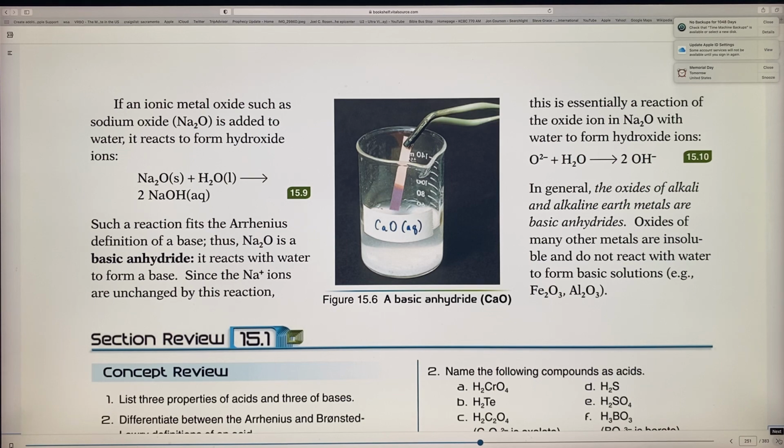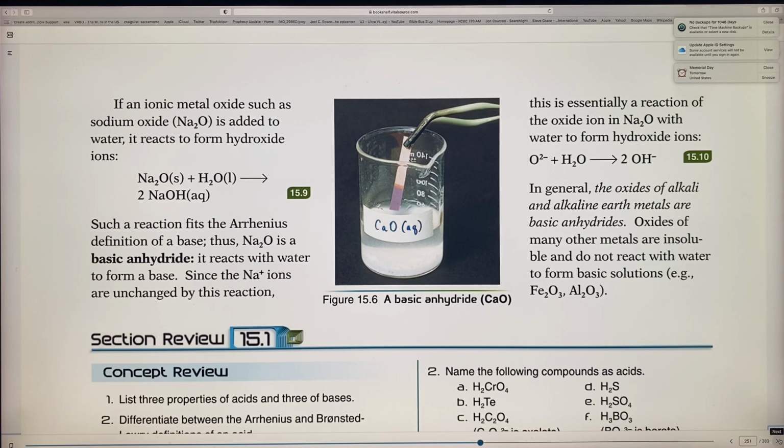This whole section has to do with recognizing bases and acids. You recognize an acid by the hydronium, H3O, instead of H2O. Then you know it's an acid, because you added in hydrogen.